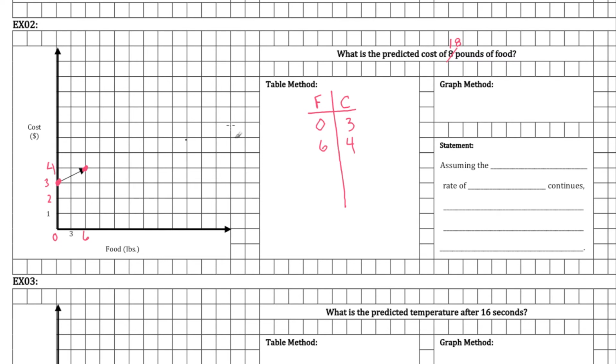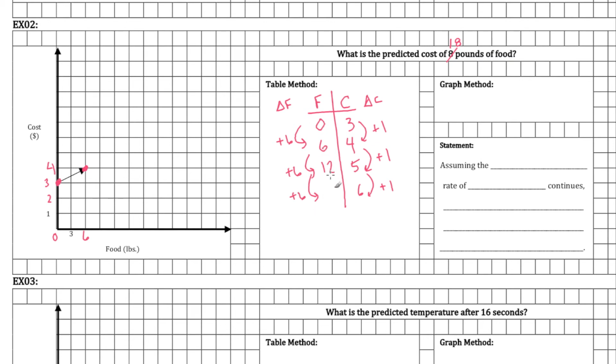18 pounds of food. So with the change in cost and the change in food, the cost will increase by $1 every 6 pounds of food. So that should be 1 more with 6 more pounds of food, and 1 more after 6 more pounds of food.